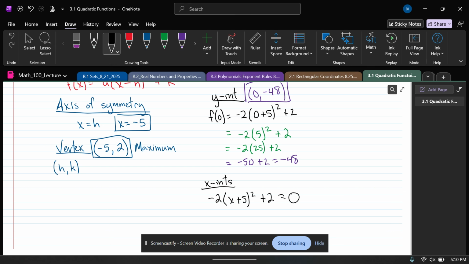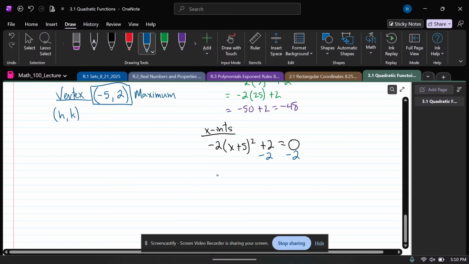So first step, if I'm going to solve this by square roots, is I'm going to get the things that are not in the parentheses over to the other side. I want to get that parenthesis by itself. That's what I want to do. So I'm going to move this 2 by subtraction. So that's going to be negative 2 parentheses x plus 5 squared is equal to negative 2.